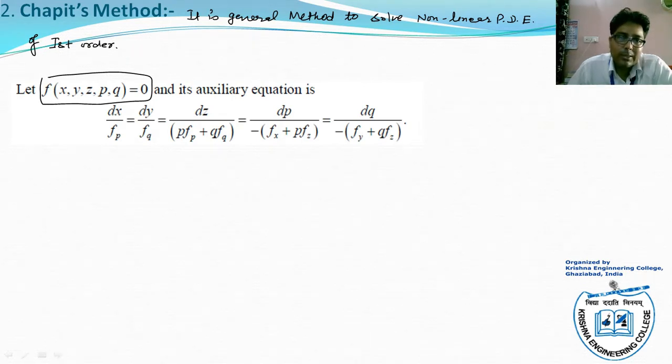Here fp and fq mean partial derivatives with respect to p and q, and fx, fy, fz are the partial derivatives with respect to x, y, z respectively.